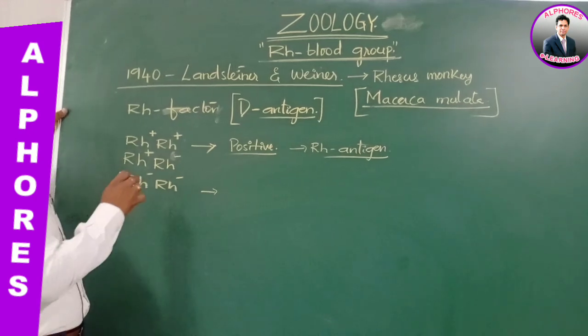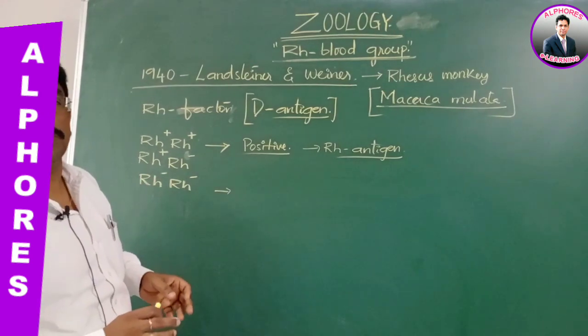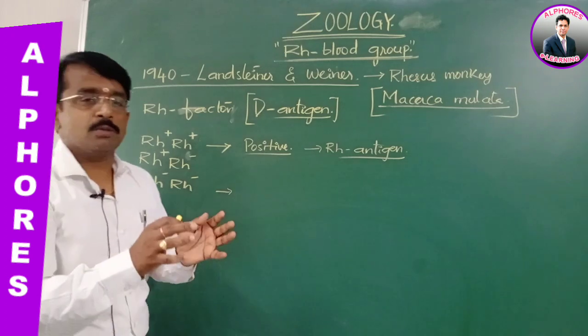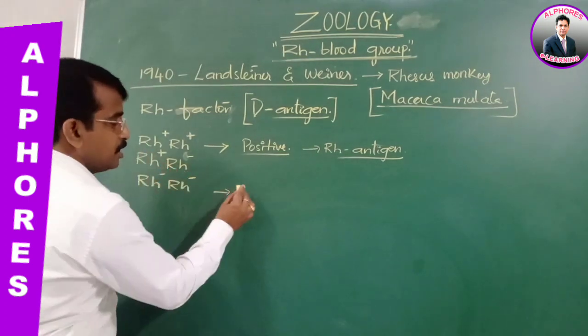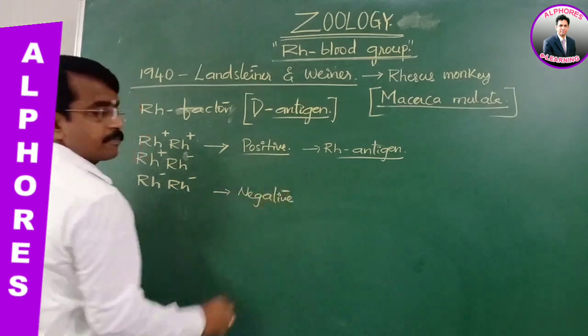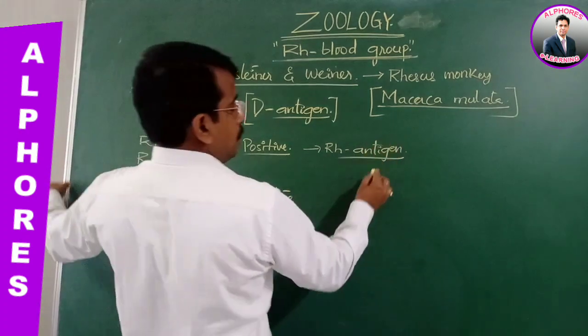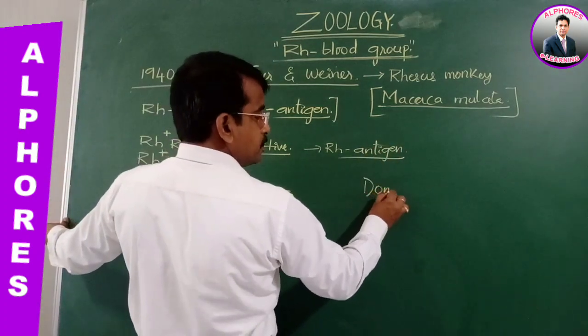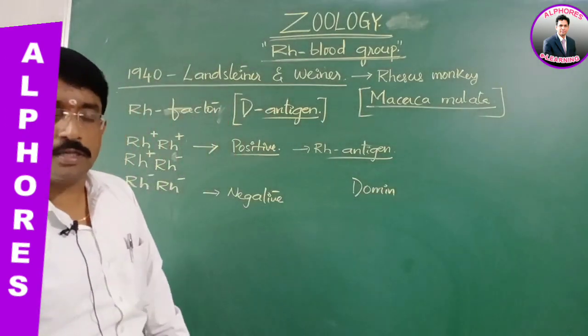To explain, the double recessive is nothing but negative. Basically, every gene has alleles.